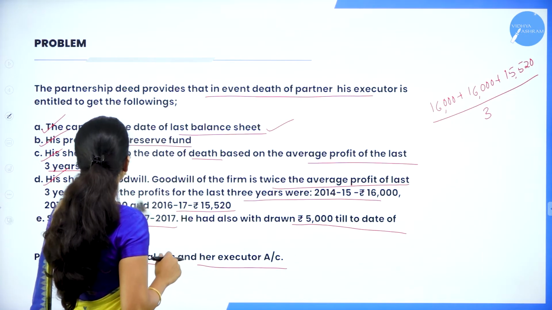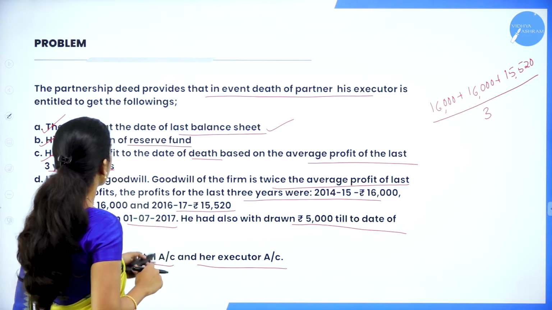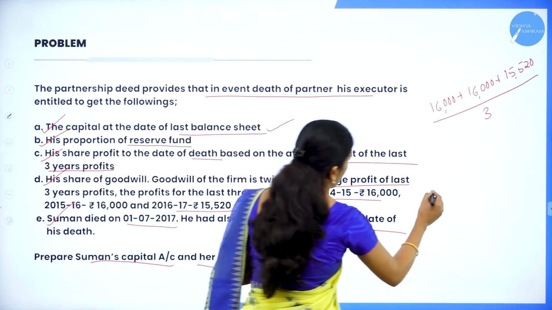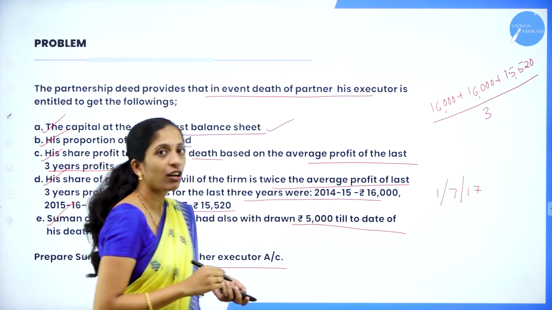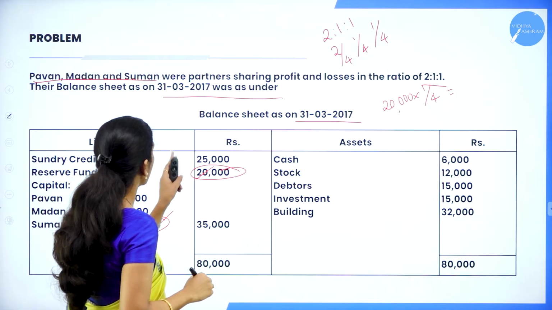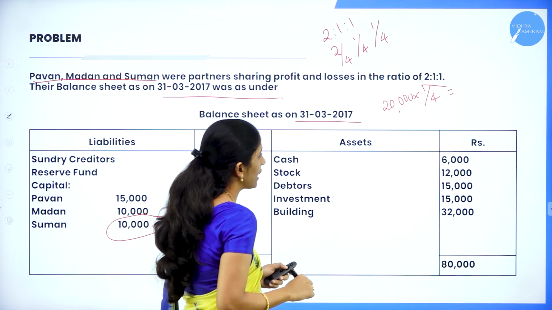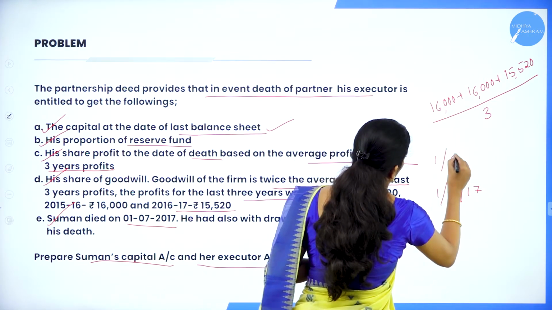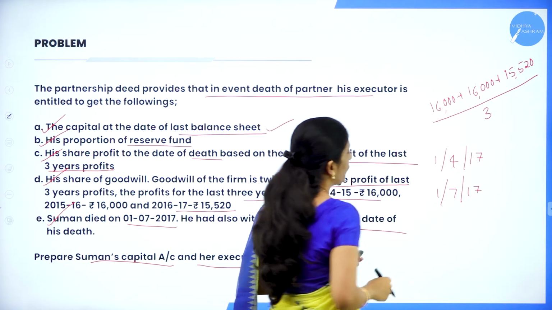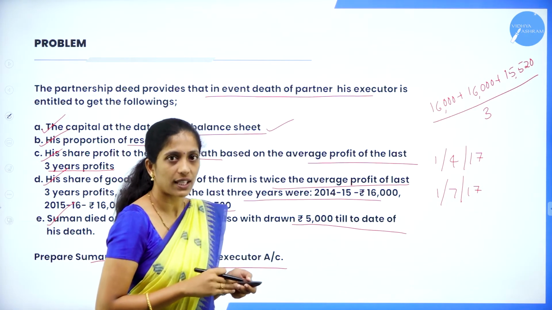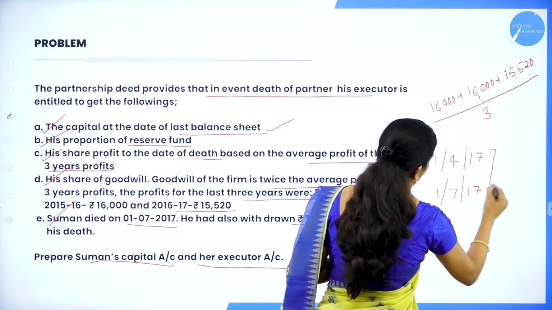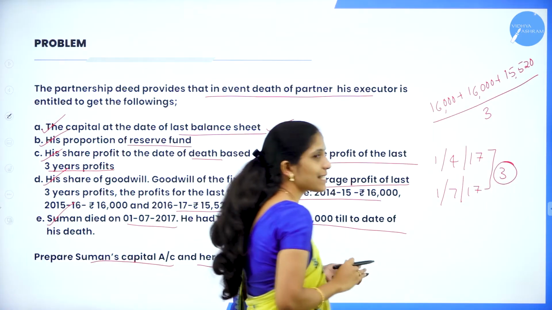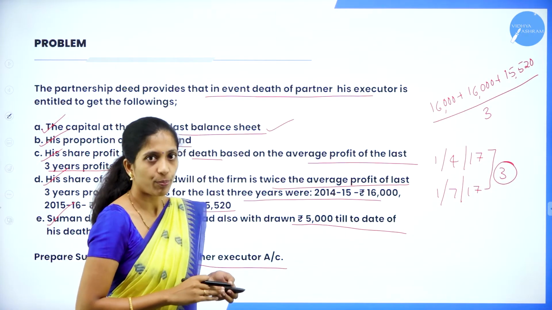Now see the date here. When did she die? That is on 1/7/2017. What is the beginning of the financial year? So beginning of the financial year is 1/4/2017. So from 1/4/2017 to 1/7/2017: 4, 5, 6. Only 3 months she was there in the business. So for these 3 months we have to calculate the profit.